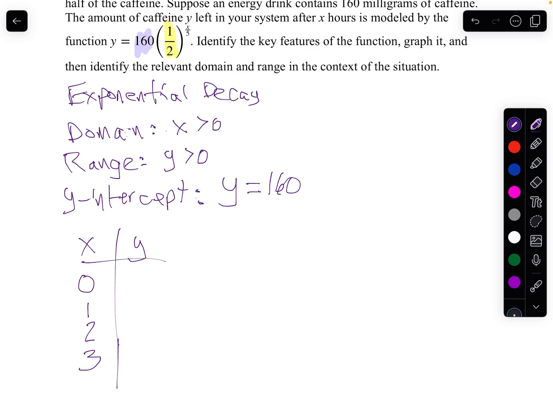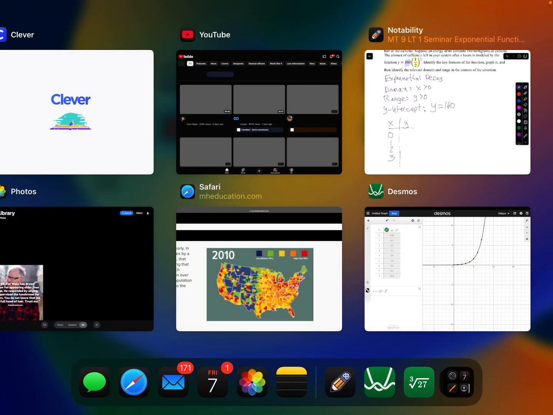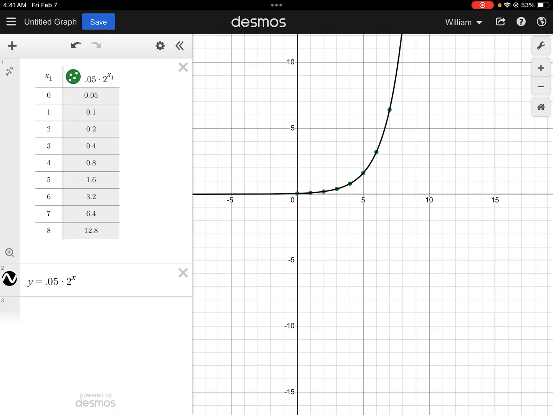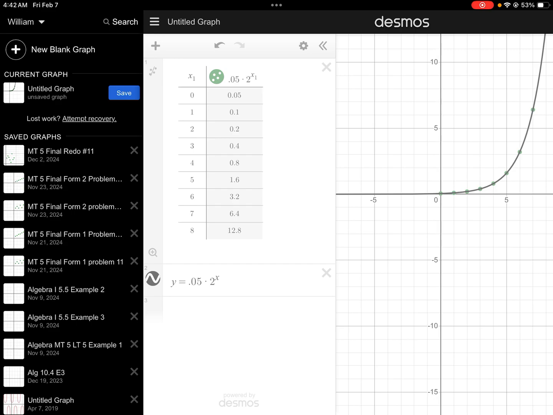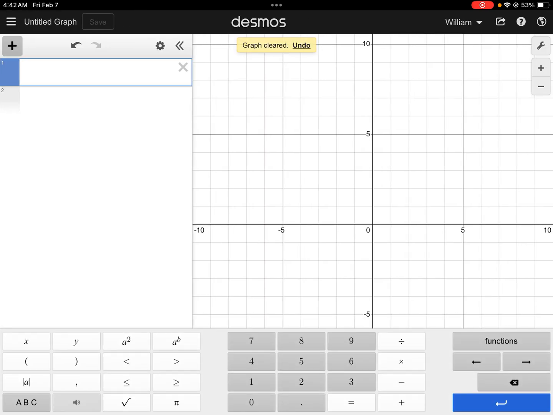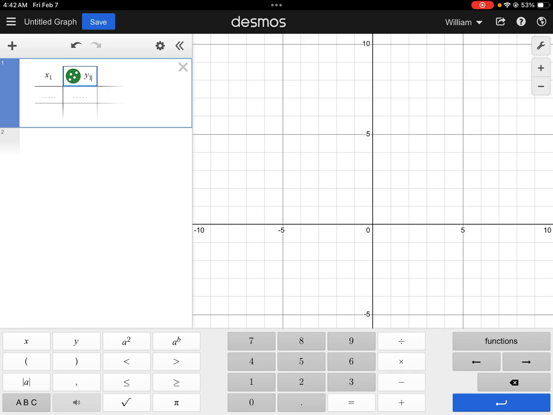So let's use Desmos. I'll make a new graph here. And just like before, I'm going to make a table. And I'm going to replace y1 with my formula. So that'll be 160 times, parentheses, 1 divided by 2.